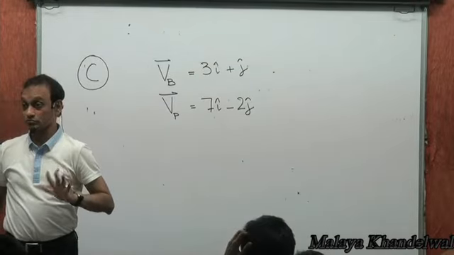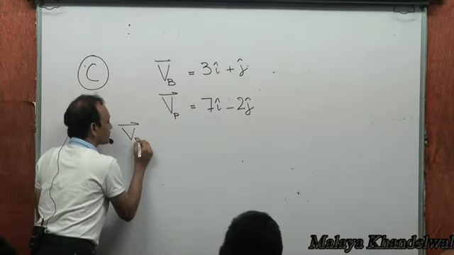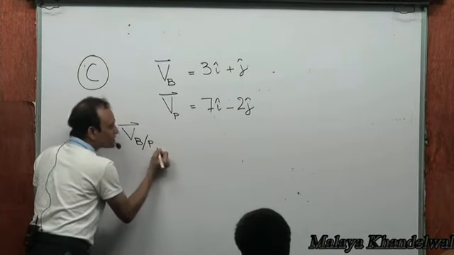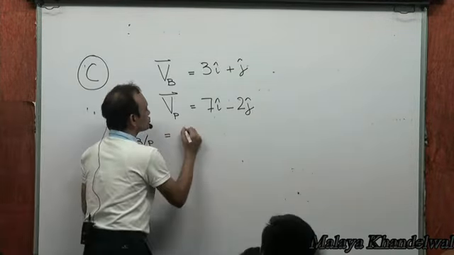So velocity of the block with respect to the car is going to be velocity of block minus velocity of car, VB minus VP, right? Which is minus 4i cap plus 3j cap, right?